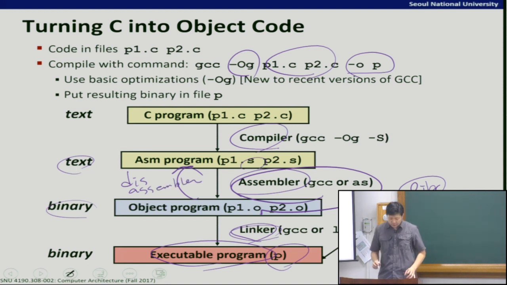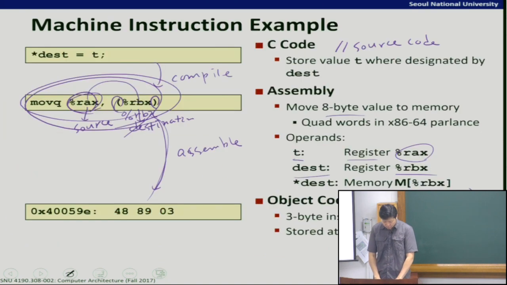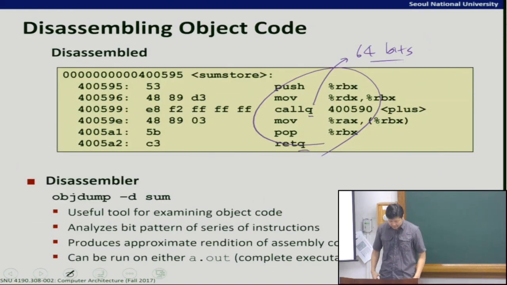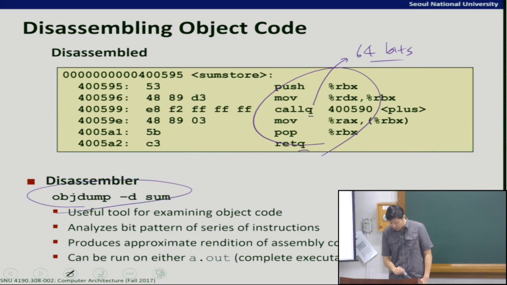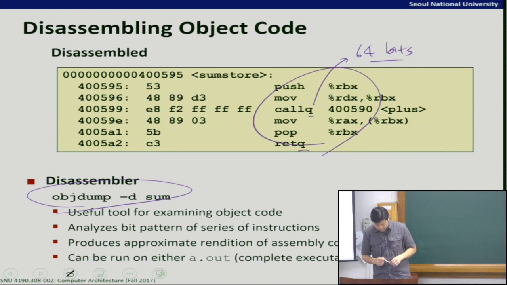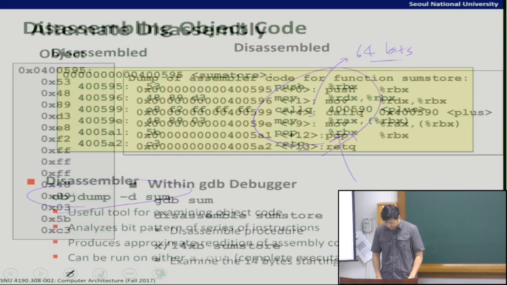It takes this machine code, ones and zeros, as input, and reconstructs the human readable assembly code. This is called a disassembler, and objdump is one such disassembler program. Once you execute in the command line something like objdump -d sum, it disassembles the function called sum and shows these human readable instructions.